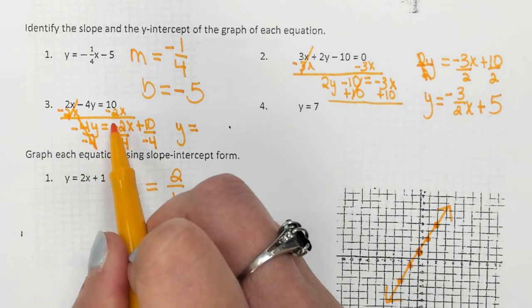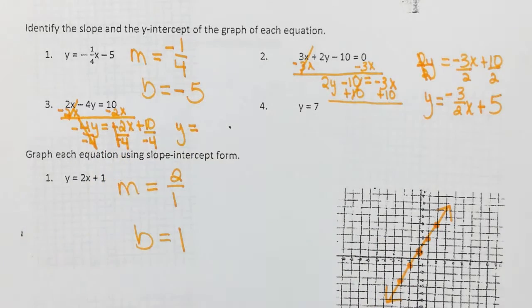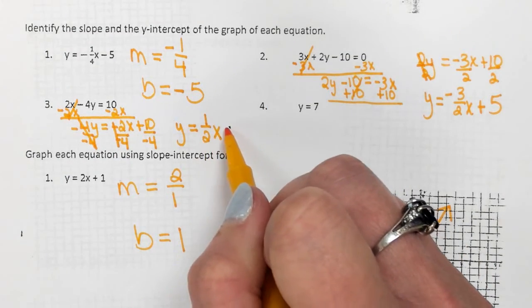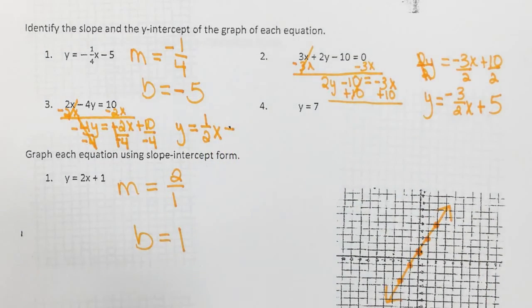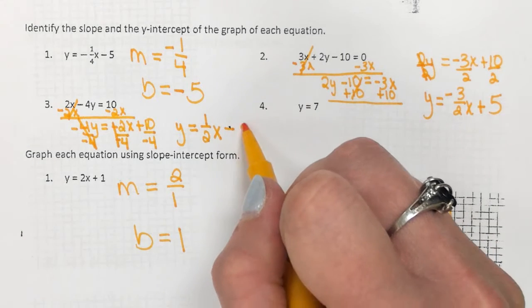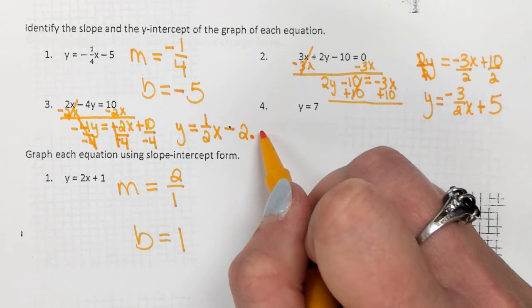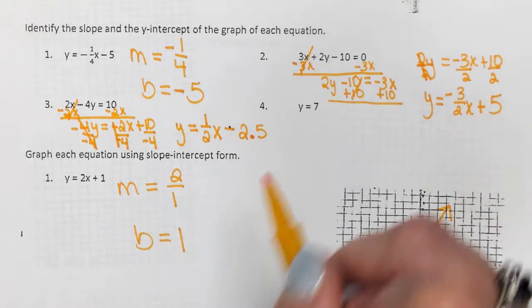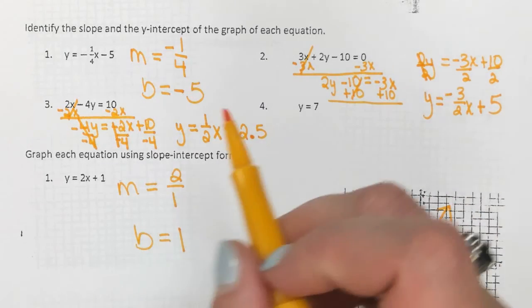All right, the negatives cancel. But what is 2 over 4? What does that reduce to? 1/2. Very good. And then 10 over 4, that's a decimal. How much is that? 2.5? Yeah, that's right, 2.5. You can use that one as a decimal. Just never, ever, ever your slope.